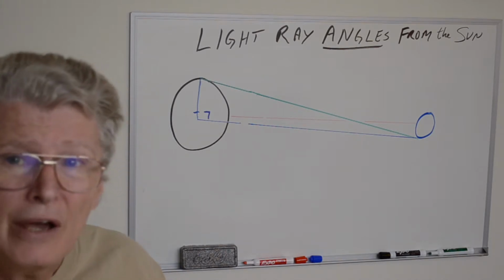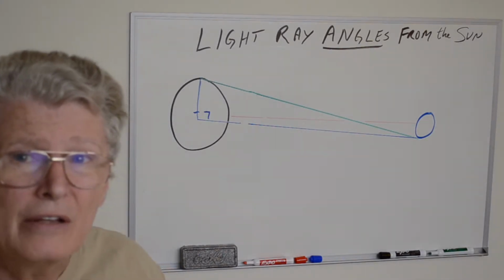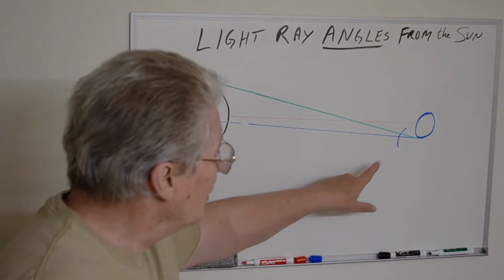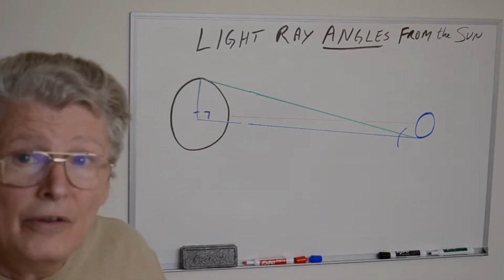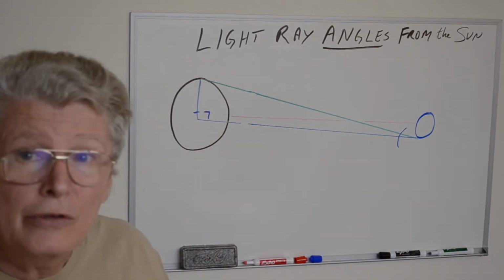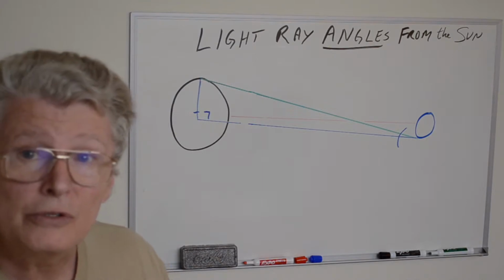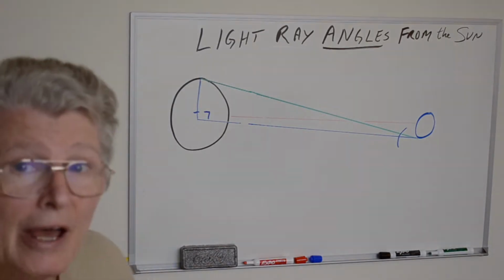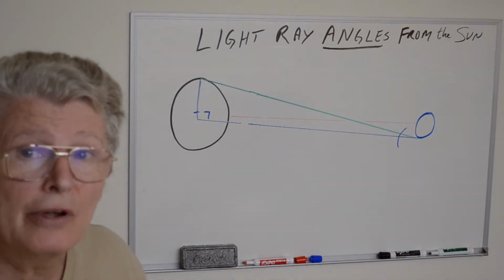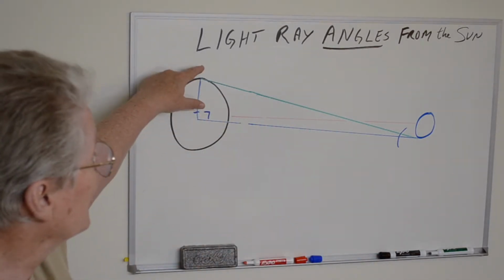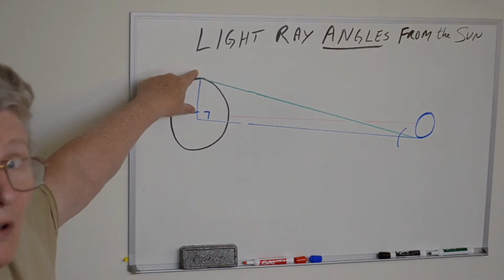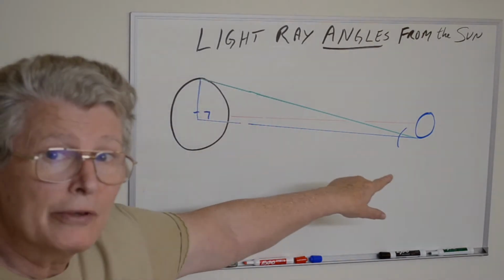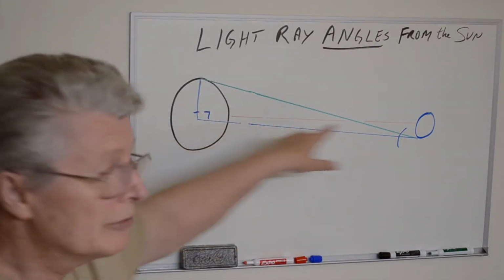From that we can calculate what the angle is over here, and we'll do that using the tangent function again, which we used in the last video. We can figure out how many degrees of variation we're going to get from a light ray coming down from the top of the sun and one that's coming straight across.